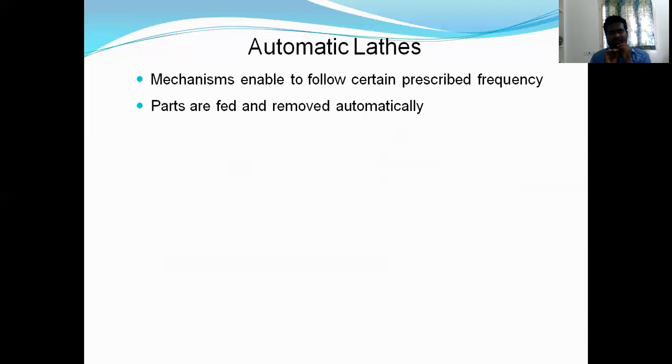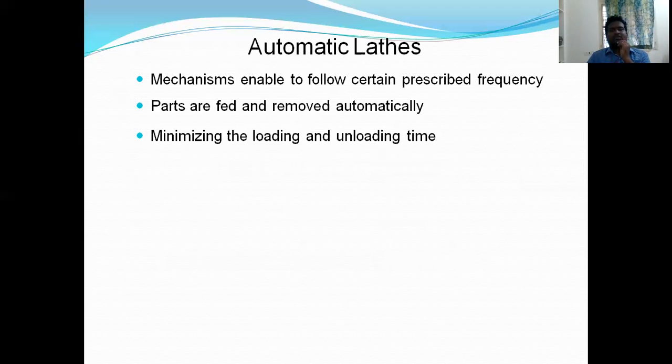The machine loads the workpieces, does the machining, removes the material, and sends the parts to the inspection section. These operations are all done by the automatic lathe.